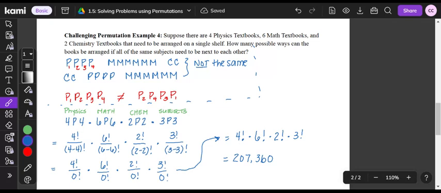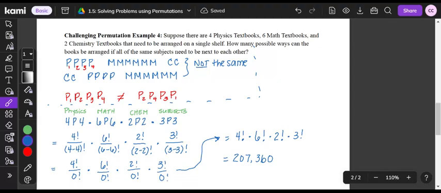I've used the formula here and simplified. Pay attention to the fact that these 0 factorials all equal 1. So this is just 4 factorial over 1, which is 4 factorial. So really what you've got is 4 factorial times 6 factorial times 2 factorial times 3 factorial.